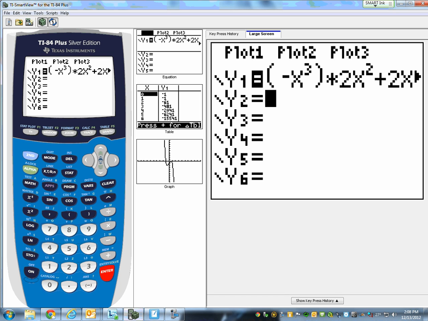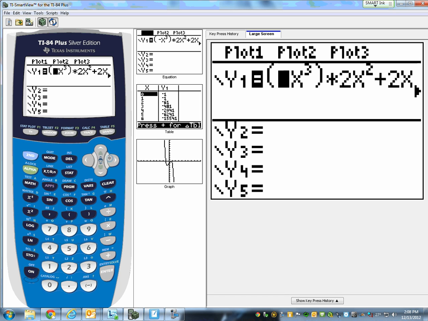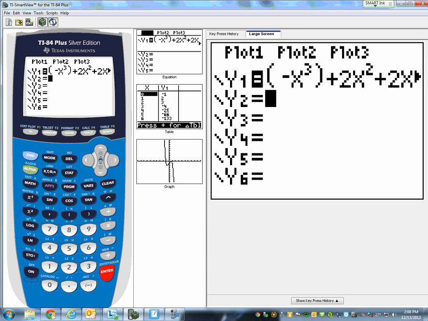Whoops, weird, I don't have a times there, I have a plus. I don't know why I did that. Anyway, we want to make sure it looks right. That looks like what it's supposed to.